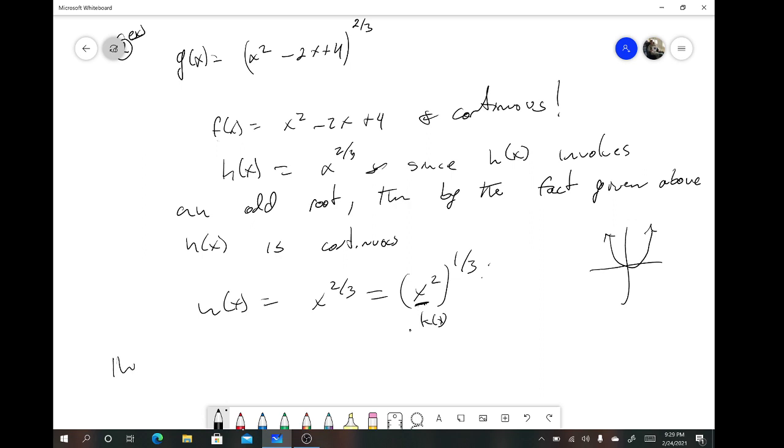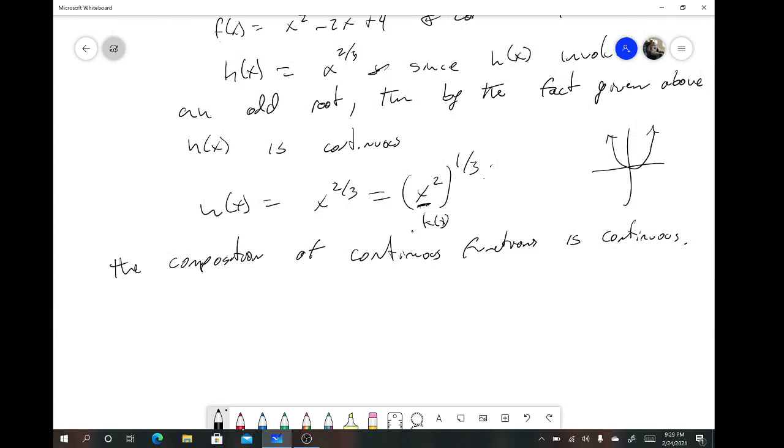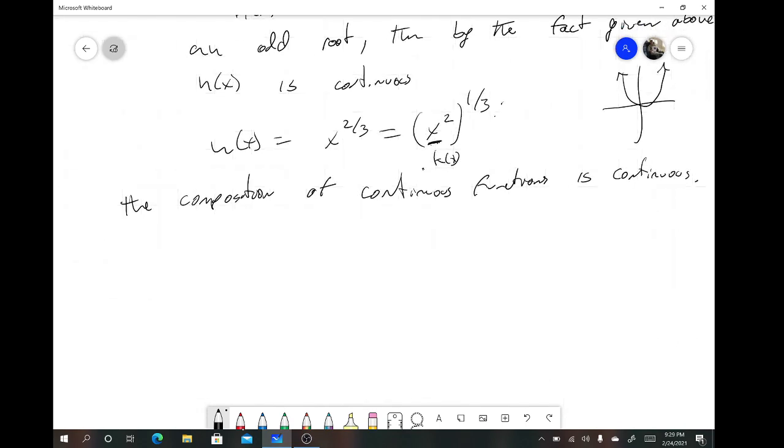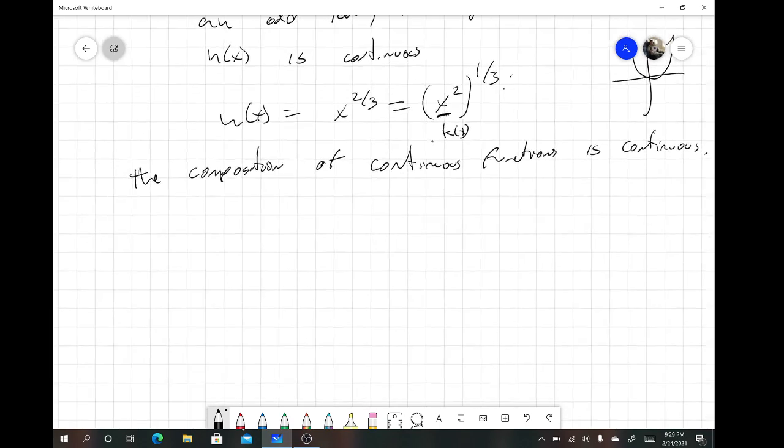And the composition of continuous functions, which we saw in part 1 of this lecture, is also continuous. So if we are continuous at that point, then we're continuous in the composition. All right, so that's pretty good.